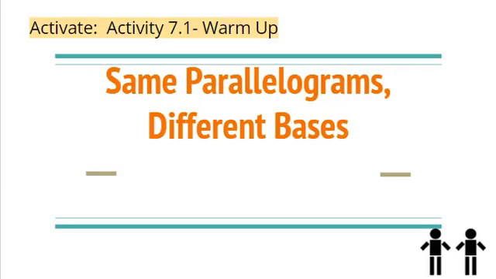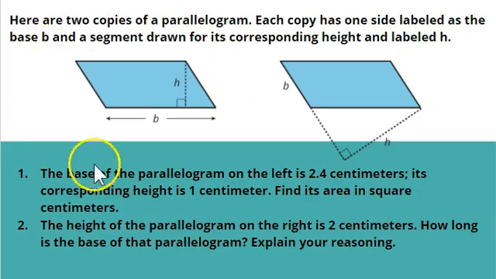So we're going to look at the same parallelograms and their different bases and how that makes things different, I guess is the best way to say it. So first things first, here on the left, we actually have a copy of the same parallelogram. Over here on the left, we've got a base and a height.